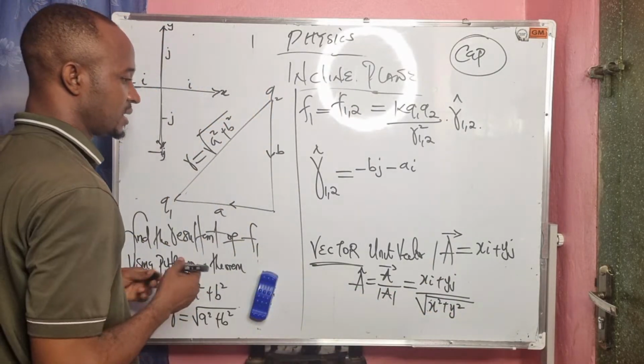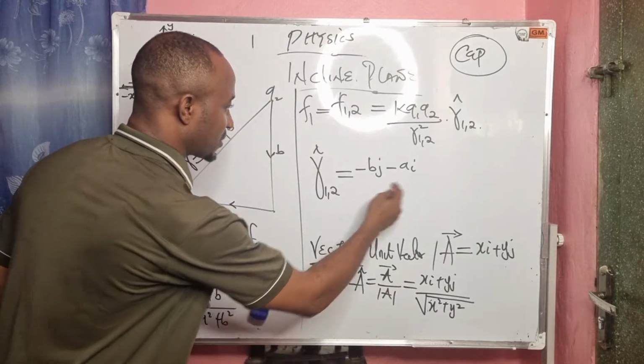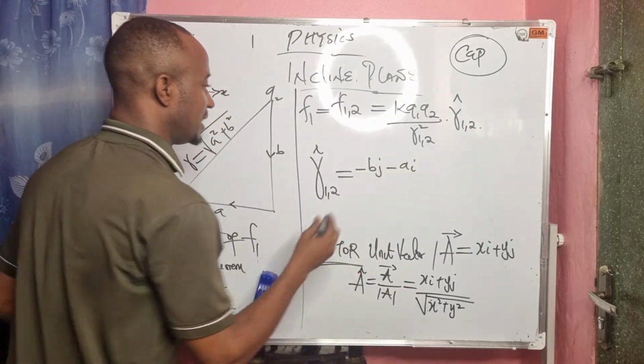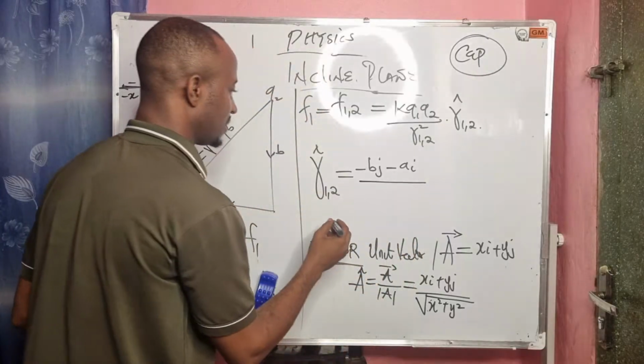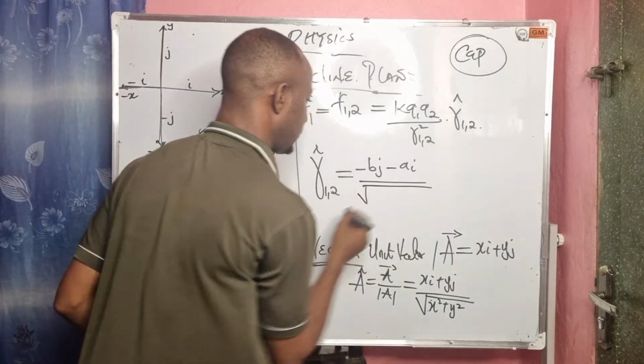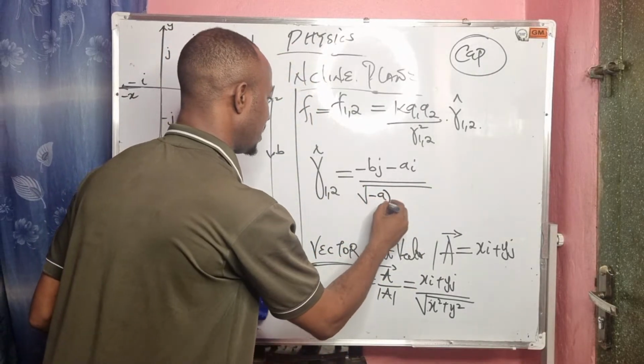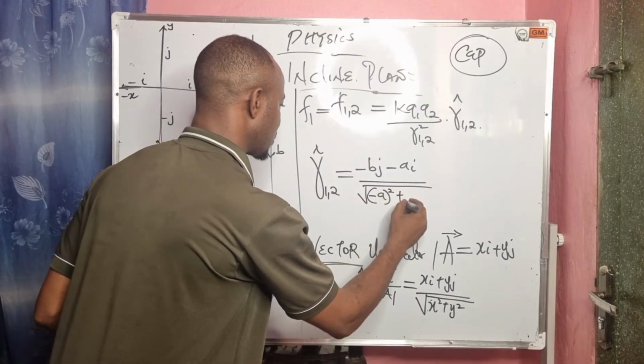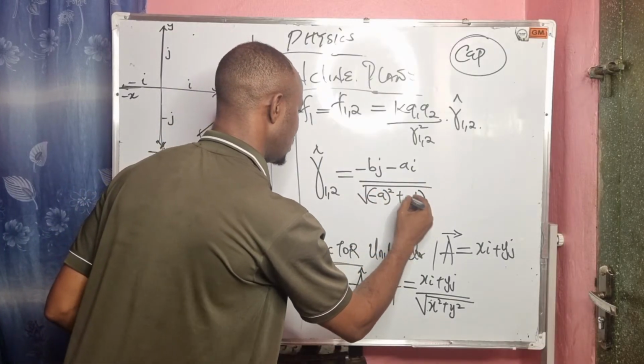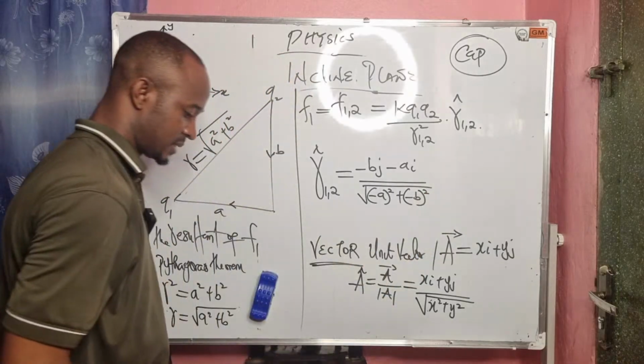So for this, have I defined my vector? This is my vector, right? Then this will now be what? Over the square root of minus a all squared plus minus b all squared.